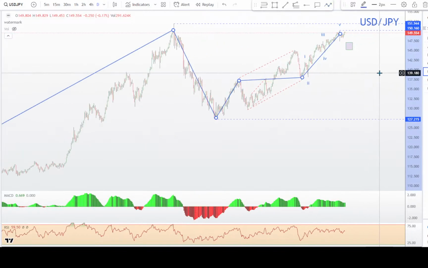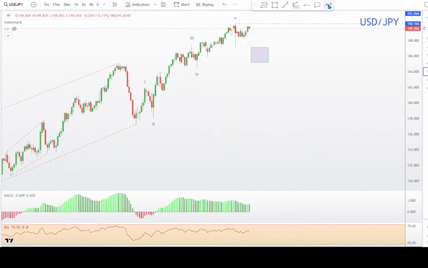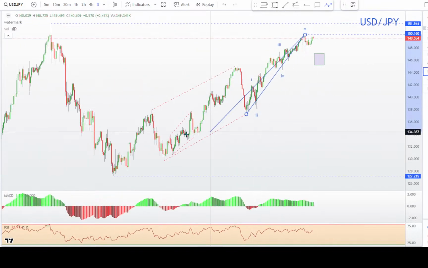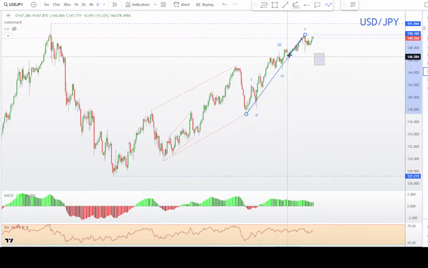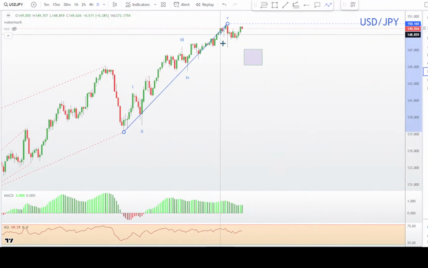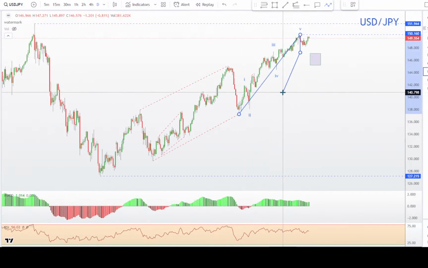But I don't like how they completed this five-wave move up. I thought that this was A, this whole running flat was B, and then they came up five ways for C. So ABC. But given that they had that spike down, and now they're almost right back to that 150.16 level, this is looking more now like it's creating an impulse.